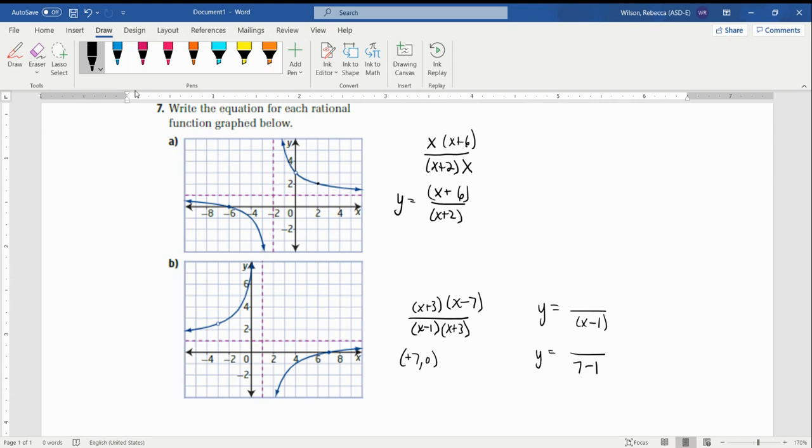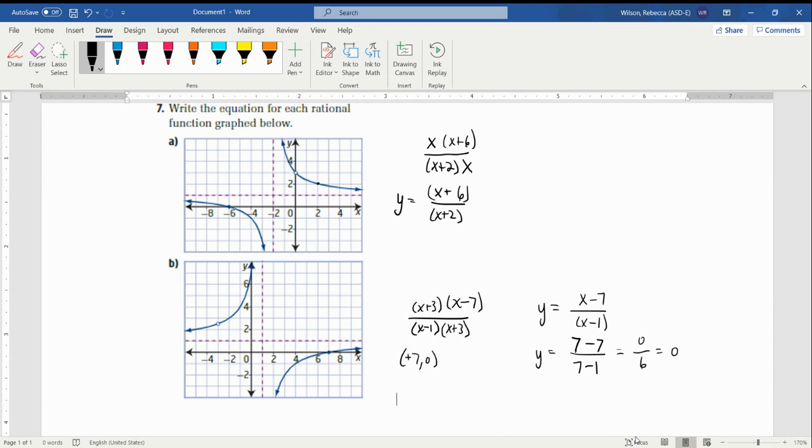So let's just start with the bottom. 7 minus 1 is 6. So what divided by 6 would give me a y value of 0? Well, 0 divided by 6 would give me a y value of 0. So I know that x is 7. So what do I have to do to 7 to make it 0? Well, I have to take away 7. So my top bracket must have been x minus 7.